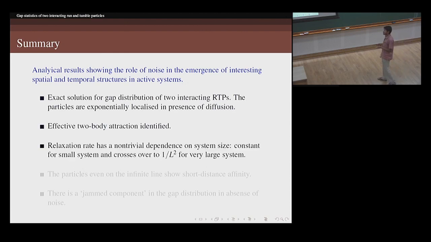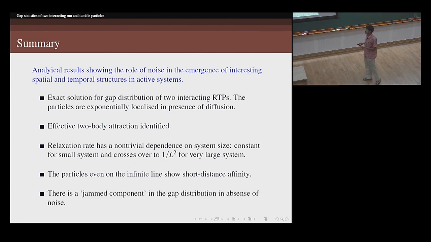Also, we have seen that the relaxation rate has some non-trivial dependence on the system parameters, and even on the infinite line, the particles show very interesting short distance affinity. And in the noise tends to 0 limit, this gives rise to a jam component. And it will be really worthwhile to see how these features translate to the interacting many particle case.